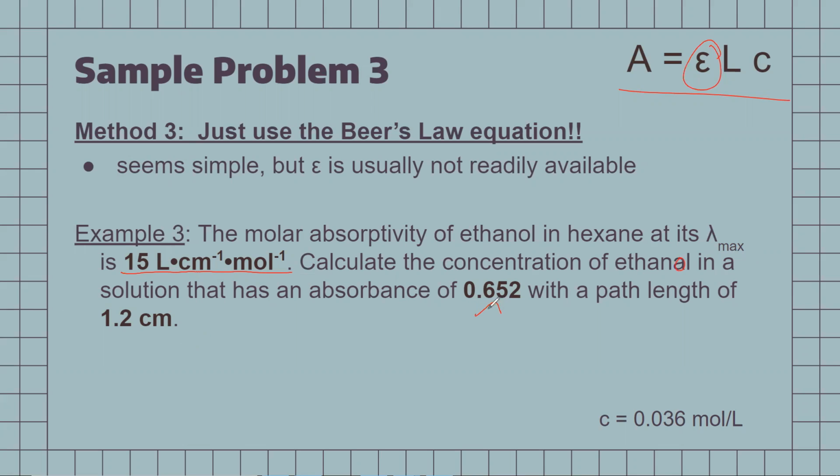So we have absorbance, we have path length, we have that funky E, and I can calculate for concentration. 0.652 is equivalent to 15, that's that E, times 1.2, which is our path length, and we're solving for concentration. So once you do that all out, you should figure out that this is your concentration in moles per liter.